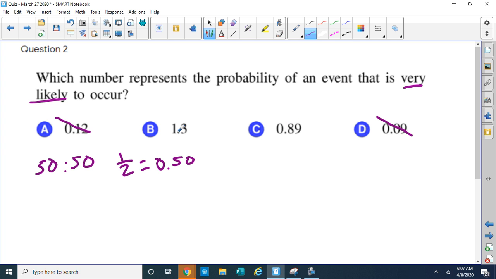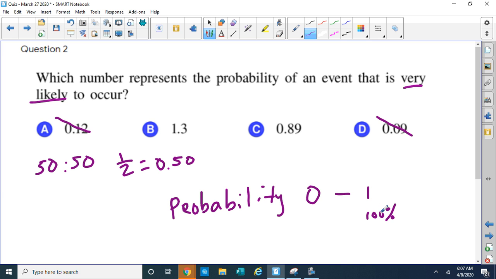Now I'm looking at choice B. When I look at probability, I remember probability is between 0 and 1 as a decimal. You can't go higher than 1, that would be 100%, or you can go as low as 0.